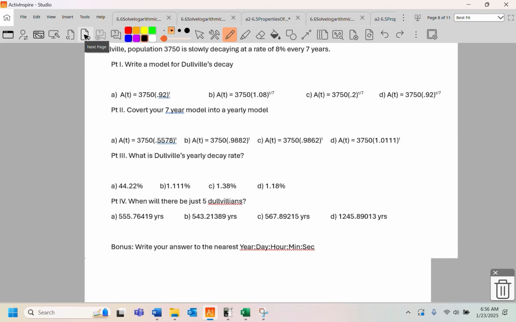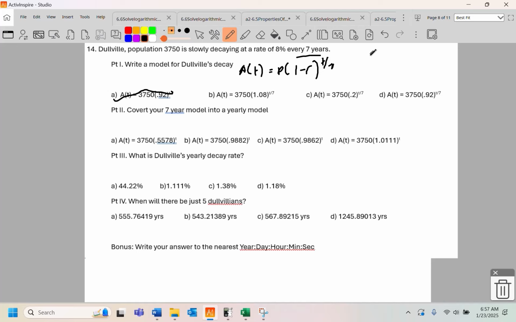Let's see, this question is about Dullville. Dullville, population 3,750, is slowly decaying at a rate of 8% every 7 years. So when you see the every, you're looking for a divisor in the exponential space. So you're looking for something over a 7. Now decay is the principal times 1 minus r, and in this case it's t over 7, okay?